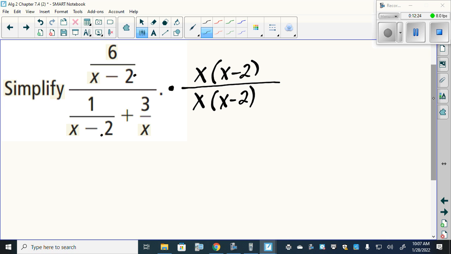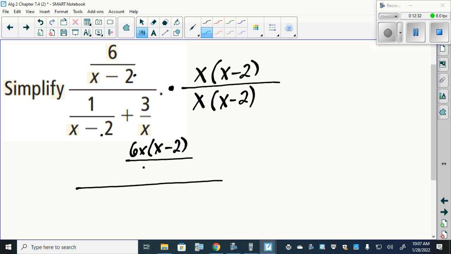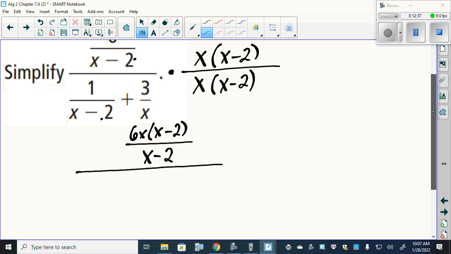So, when we multiply for the numerator, we'll have 6x times x minus 2 over x minus 2.